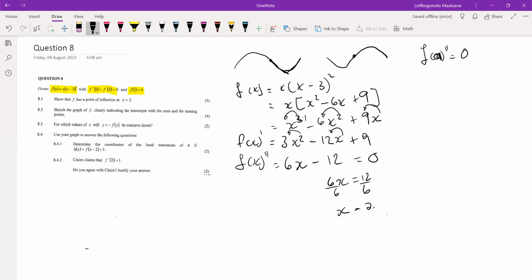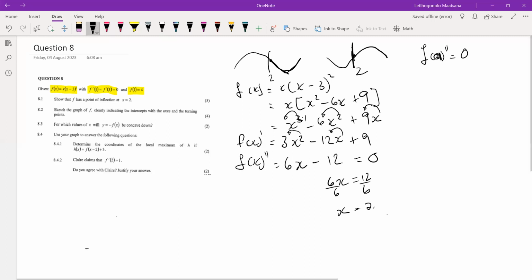We will prove it by showing that on the left-hand side of our x, we either have a concave up or a concave down. Or again, it could be this way: on the right-hand side there's a concave down, and on the left-hand side is a concave up.